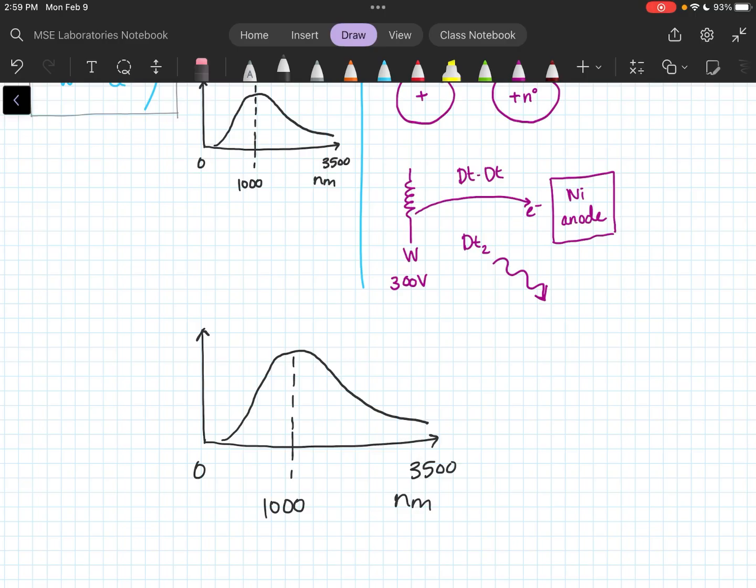Right here I have the tungsten halogen, and my UV lamp would be something like this.